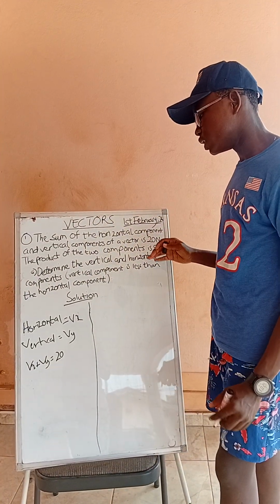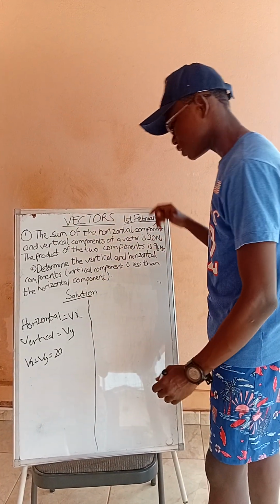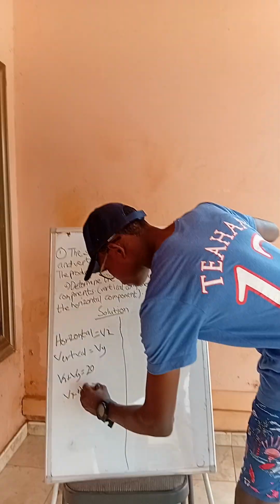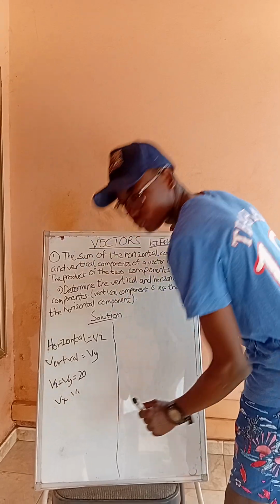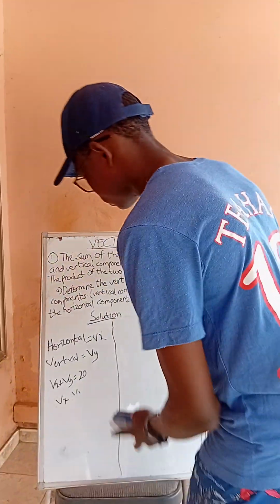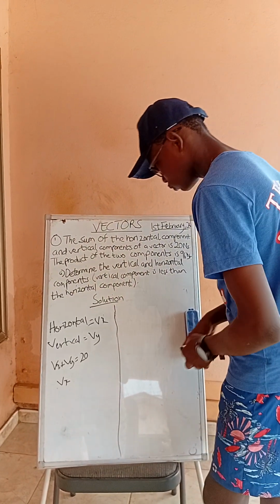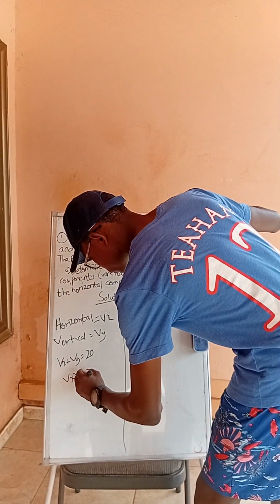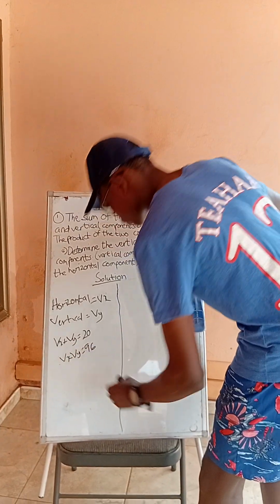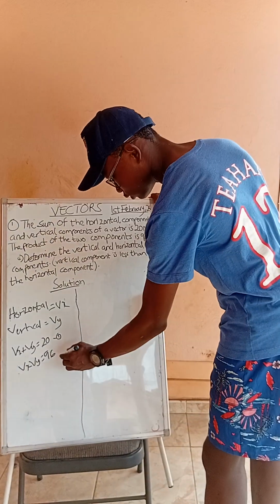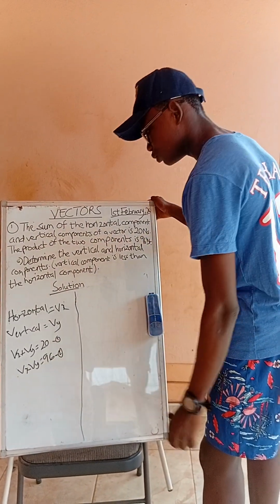Then the product is 96. We are multiplying. So this is equation 1, and this is equation 2.